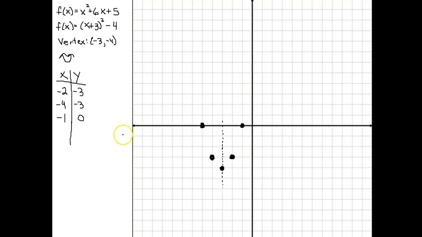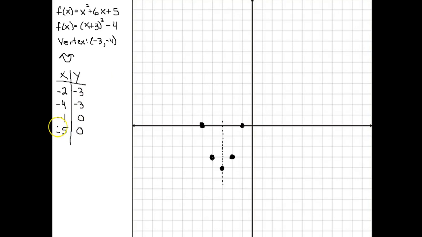And I see that -5, 0 is also on there. So from figuring out -2, -3, I also know that -4, -3 is on there. Figuring out -1, 0, I also know that -5, 0 is on there.